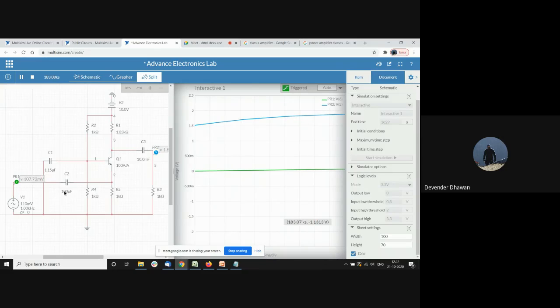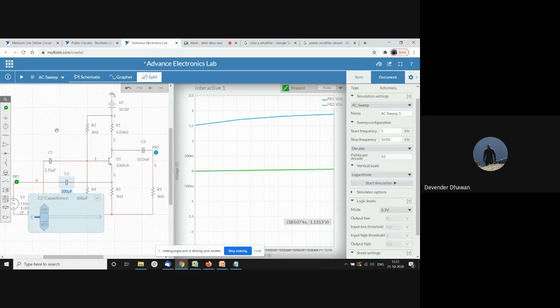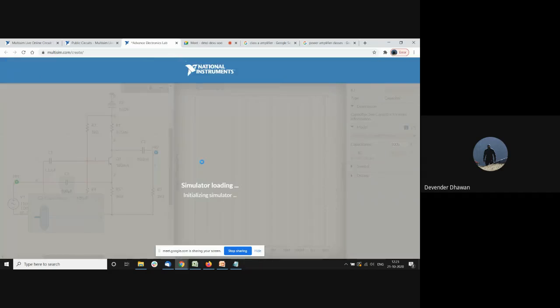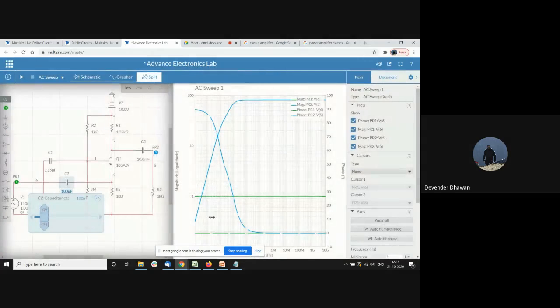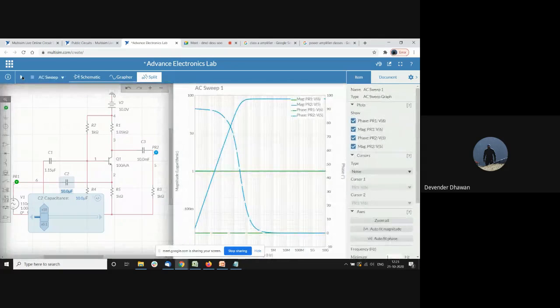So let us just see what effect these components have. Like this, I made 100 microfarad, and this was my response. So at 3 it was surpassing my input. So let me just decrease it to, let's say, 10 and see what happens. So now it is going around 30.